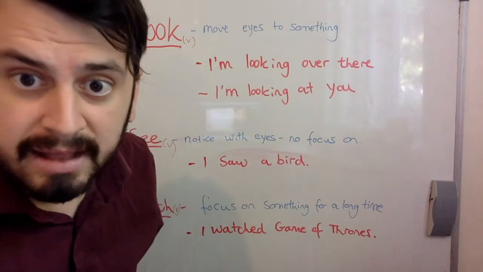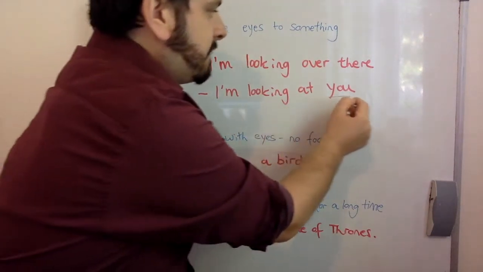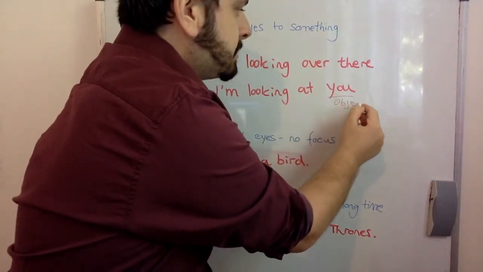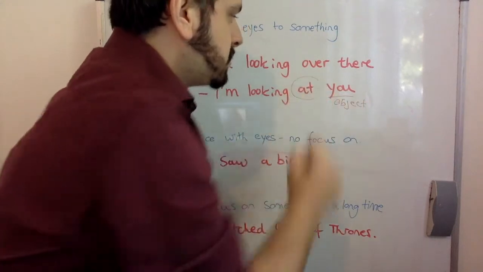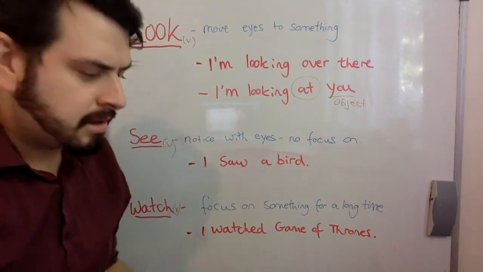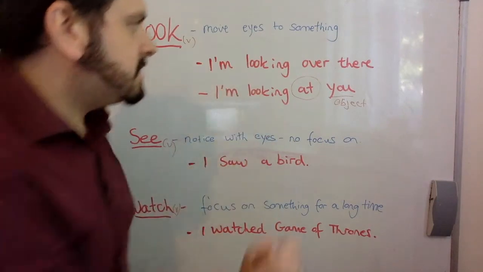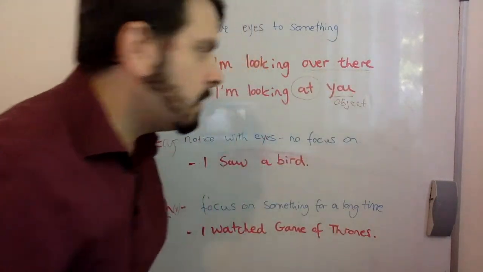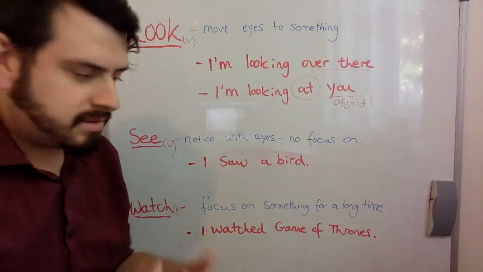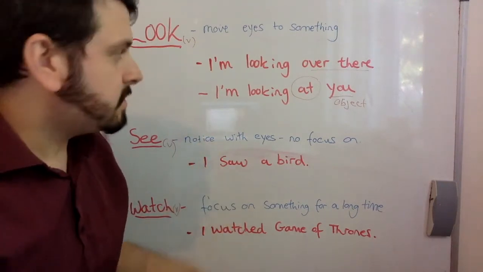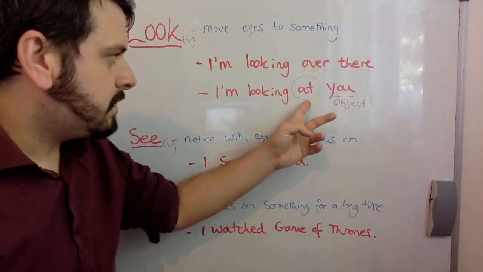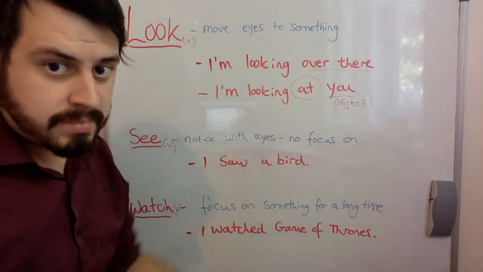Notice when we have an object, we need to use the preposition at. So we always say look at something. However, in this sentence, over there is not an object. It is just an adverbial phrase, so we don't need to use the preposition at.